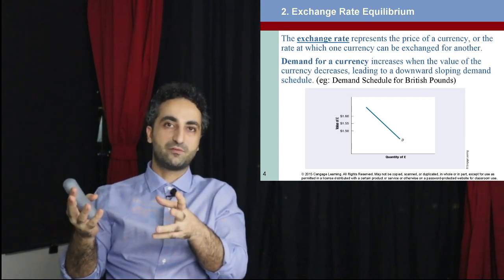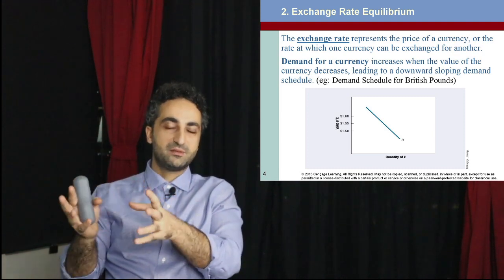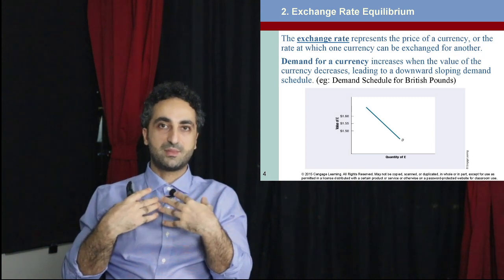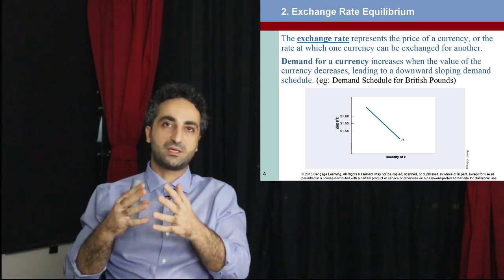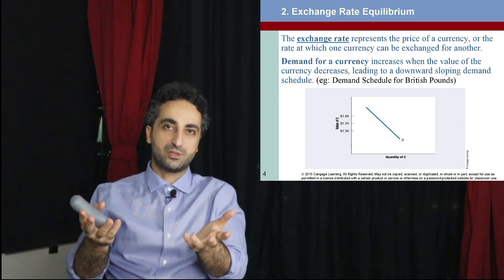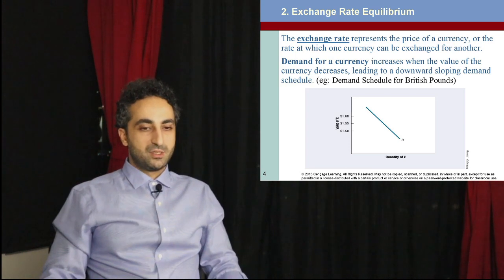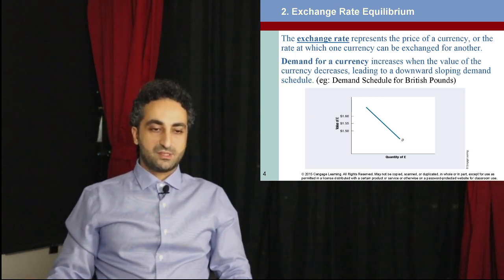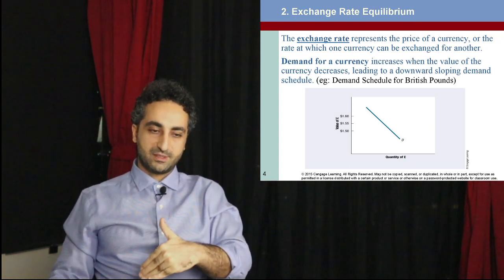Because the value of their currency depreciated, so the price remained the same in USD, but in my Malaysian ringgit terms, it's cheaper now. Why? Because I can buy USD cheaper, which means the price is cheaper for me. So demand increases when the value of the currency decreases, leading to a downward sloping demand.